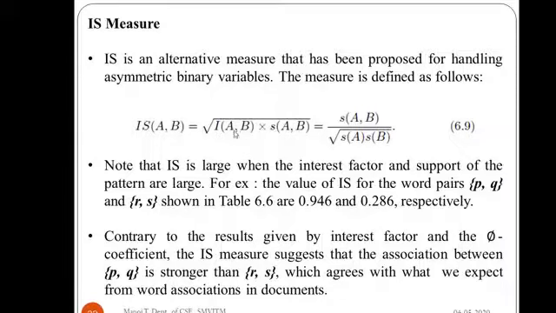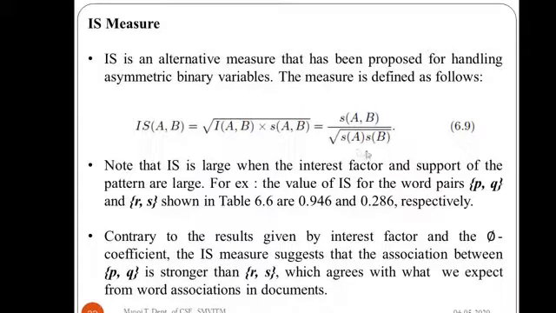I of a comma b means support of a comma b divided by support of a into support of b. So you will be getting s of a comma b whole square divided by s of a into s of b, which gives s of a comma b divided by square root of s of a into s of b.